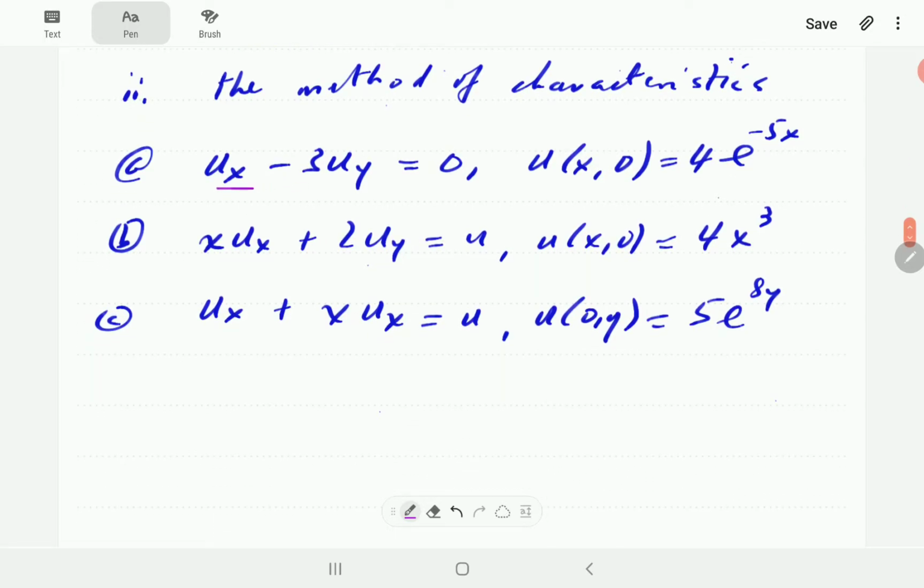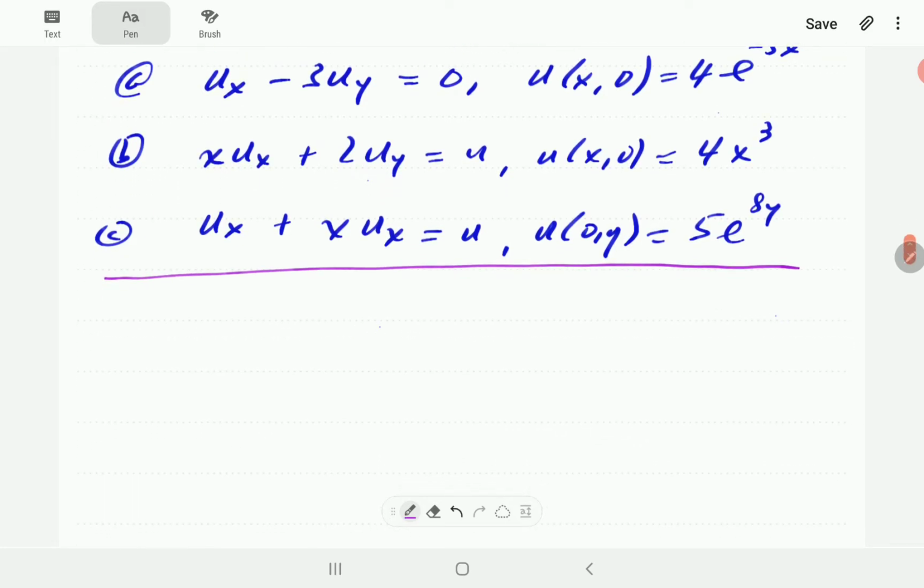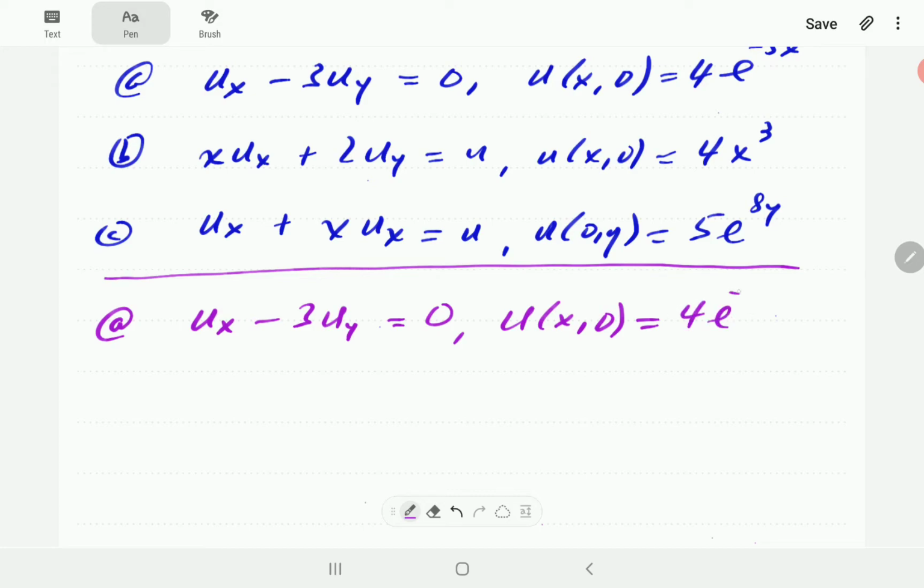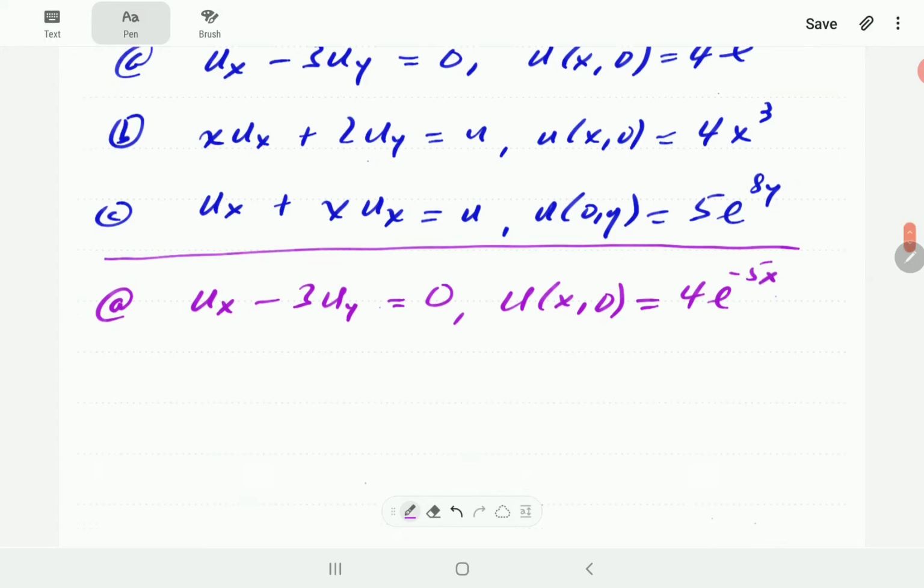So in part A, we've got this PDE with this given initial condition, and the same thing for the second one and third one. Okay, so let's get on with the first one. In this PDE, we've got ux minus 3uy equal to 0, and we're given that when y equals 0, u is equal to 4e to the minus 5x.